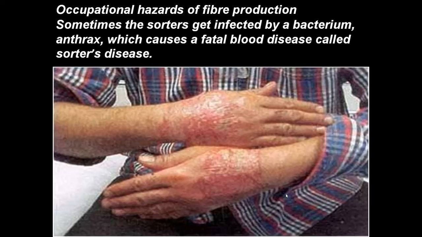See here in this image, sometimes the sorters, when they are separating the woolen fiber based on the texture, color and so on, get infected by a bacterium, anthrax. This anthrax bacteria may cause a fatal blood disease called sorter's disease.